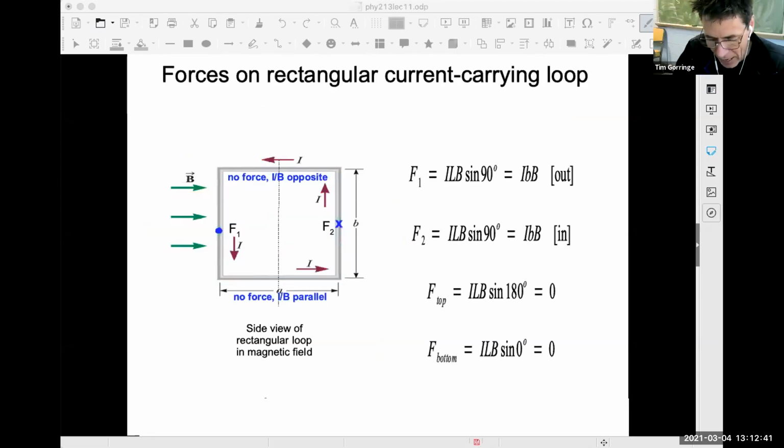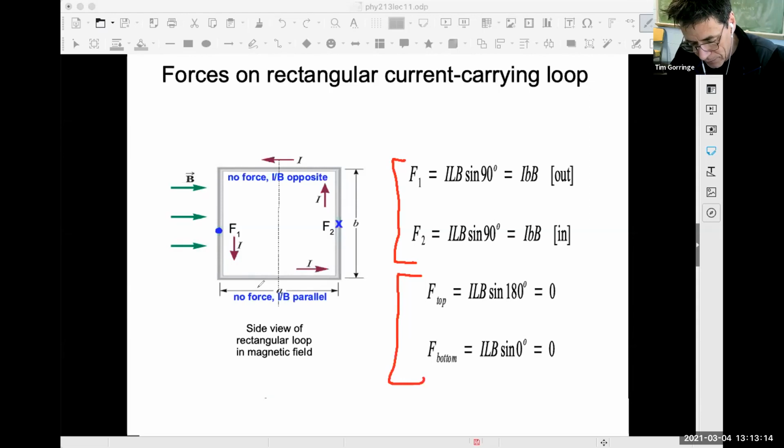And so based on that, I've cleared up the picture so we can see it. I've written down 4 statements about the forces on the 4 straight sections of the wire. There's a left and a right, and I've called those forces F1 and F2. F1 is the force on the left, F2 is the force on the right, straight section of the loop. And then there's a top and a bottom, and I've called F top and F bottom the forces on the top and the bottom.